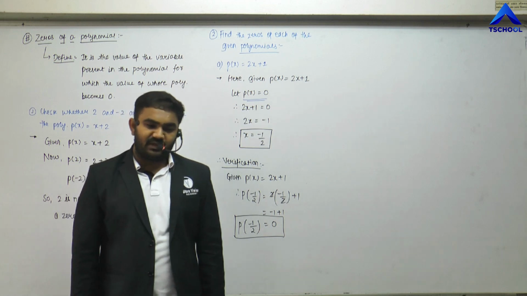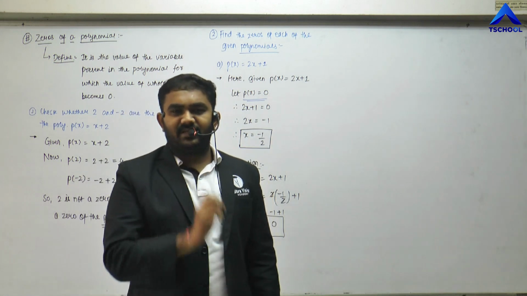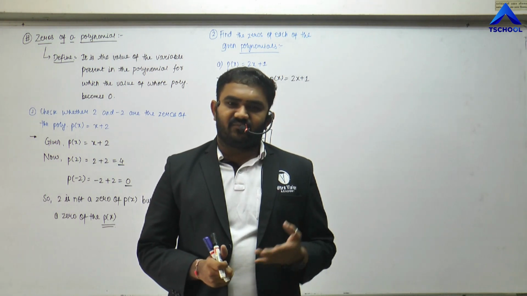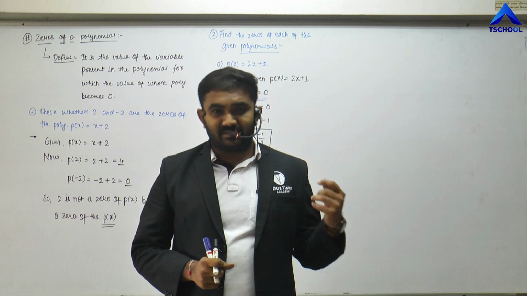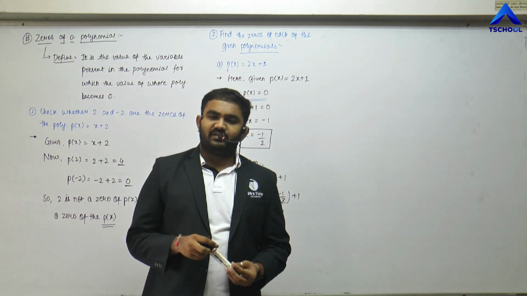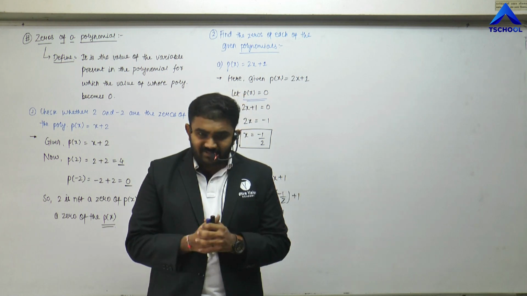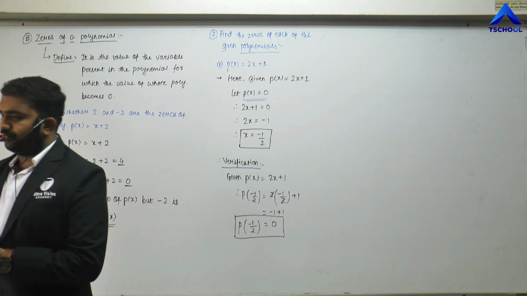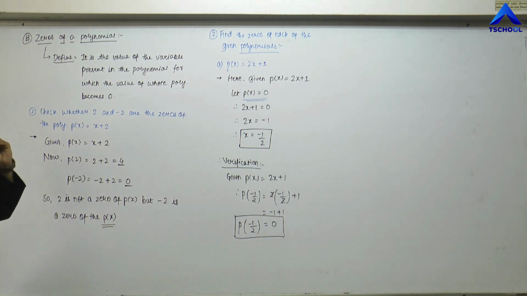That means we are looking for those values of the variable x for which the polynomial is 0. In that case, friends, first of all, let us assume that it is already 0. If we assume that it is 0, then we are going to get some values of x such that it will be the 0 of the given polynomial. Okay, so that is about the first one.